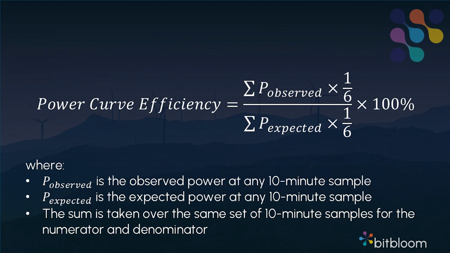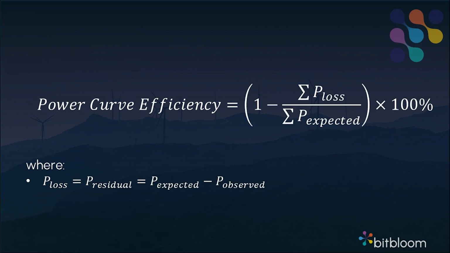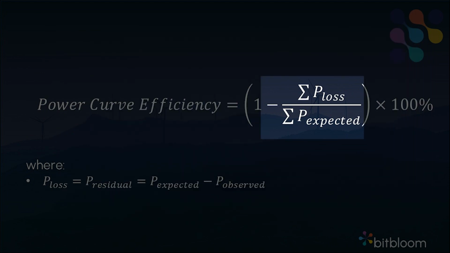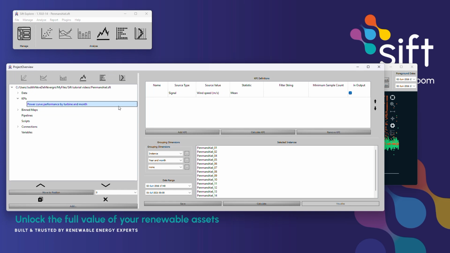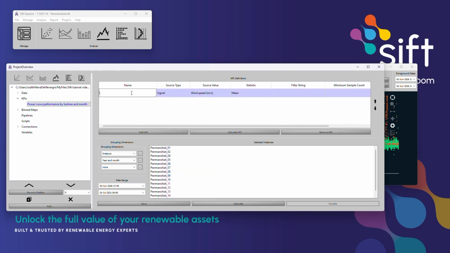In the efficiency calculation, these factors in the numerator and denominator would cancel out. This is equivalent to 1 minus the total losses divided by the total expected production. The loss over expected power computes the efficiency deviation from expected. We will therefore start by calculating the sum of power residual in partial load.